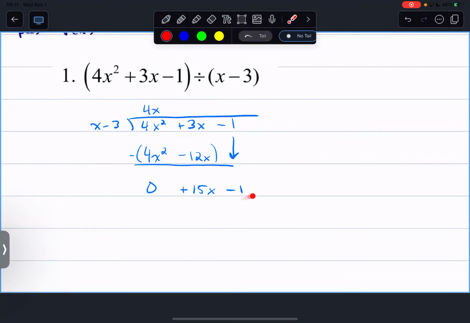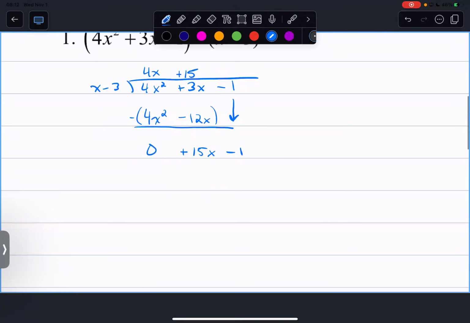But now we do the same thing with 15x minus 1. So 15x divided by x puts me at plus 15. And then I multiply the 15 times x minus 3 back down. So now I have 15x, and then 15 times negative 3 is minus 45.